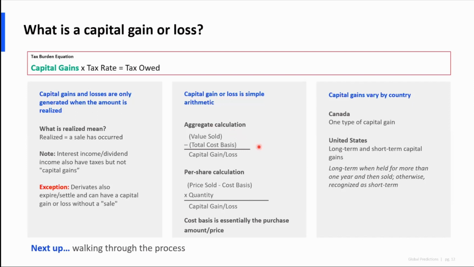Or you can think about it on a per share basis, which is the price that I sold at minus what we call the cost basis, which is roughly analogous to the price that you initially purchased it at, and then multiply that through by the quantity. You end up getting to the same place, whether you do it in aggregate or on a per share basis. The cost basis is really important, and so I'll walk through it on the next slide.